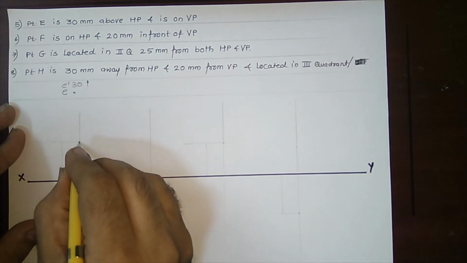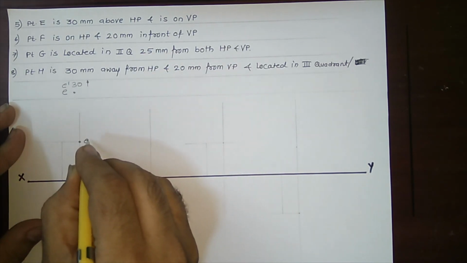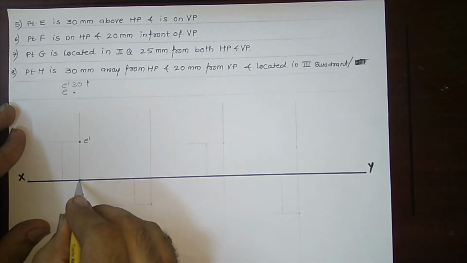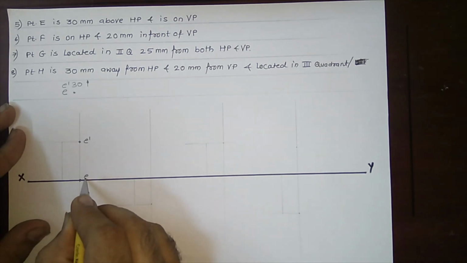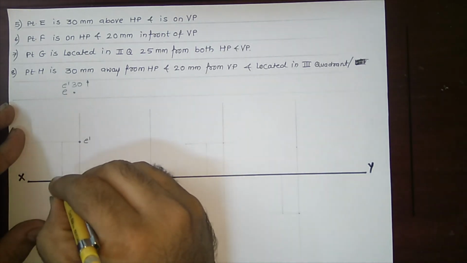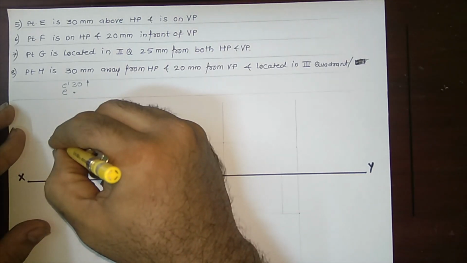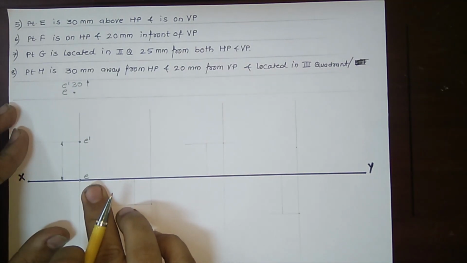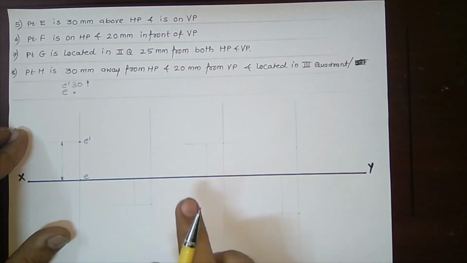So here you will find that this particular point will be E dash, and as the point is on VP, I will plot its top view on the XY line. So this is the top view of the point. So this is the way by which we will represent the front view and top view of the 2 points. Okay, now I will proceed with the next one.